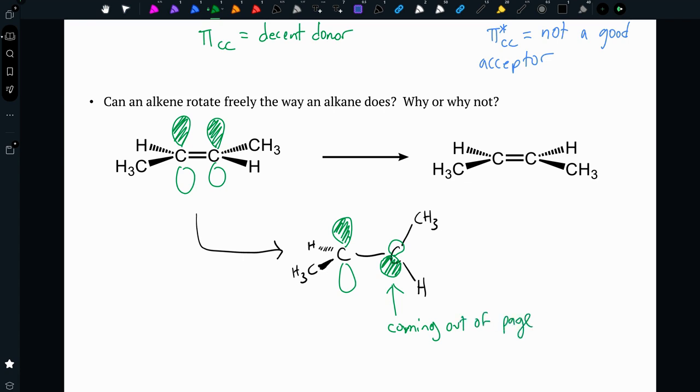And when we get to that point, essentially there is no overlap. These two orbitals are perpendicular. So no overlap. And when we have orbitals that don't overlap, that means the bond has to be broken.